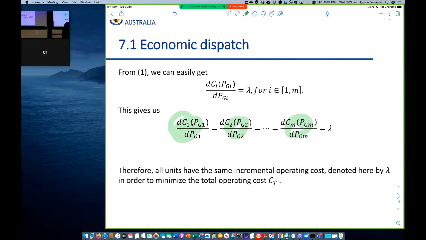And also notice that when we equate the incremental cost for each of the generators, they also equal a particular value, or we denote that incremental cost to be lambda. We just say, well, that's the lambda value, right? So we determine the lambda value by equating the incremental cost per unit of power for each of the generators.